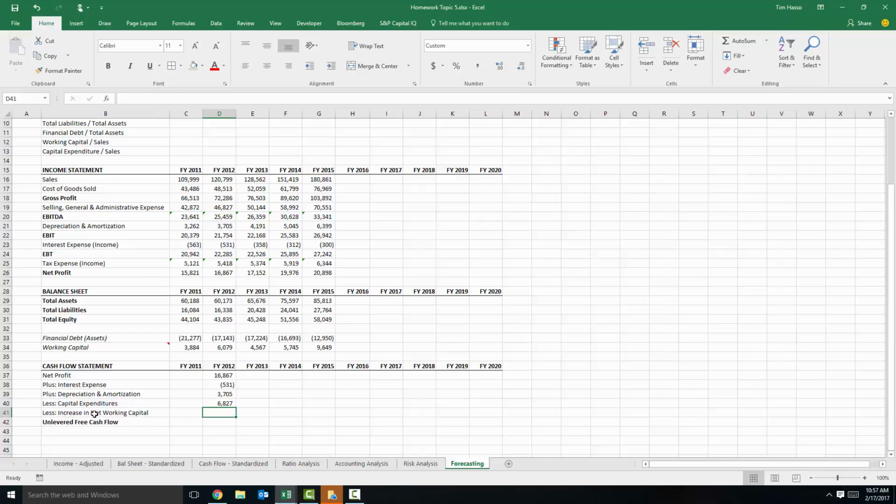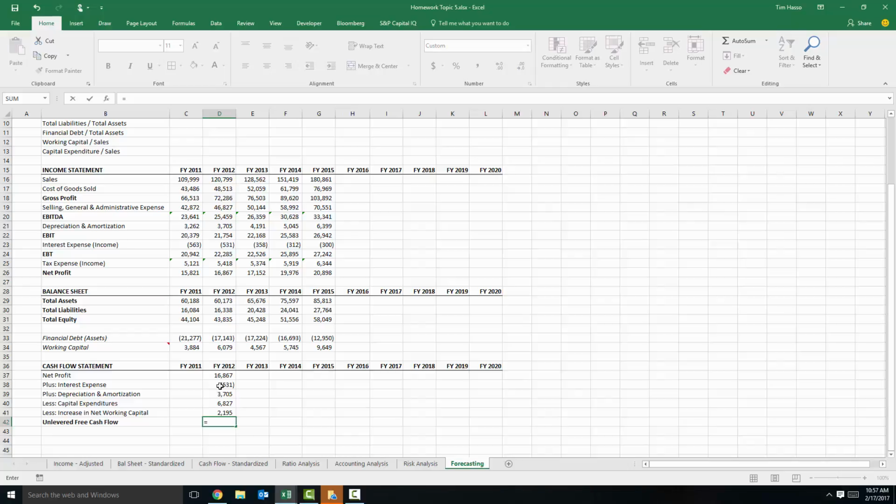Then we have the increase in net working capital, and all that is that you take cell D34, which is working capital for this year, and compare it to the working capital last year. And we can see that the working capital has increased by 2,195. Now finally, the unlevered free cash flow is equal to the net profit, and you can see here on the line items, it gives you hints, so plus, plus, minus, minus.